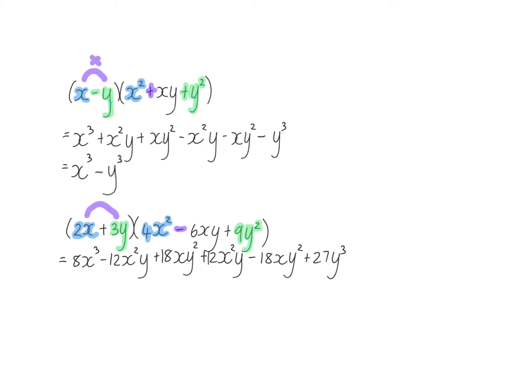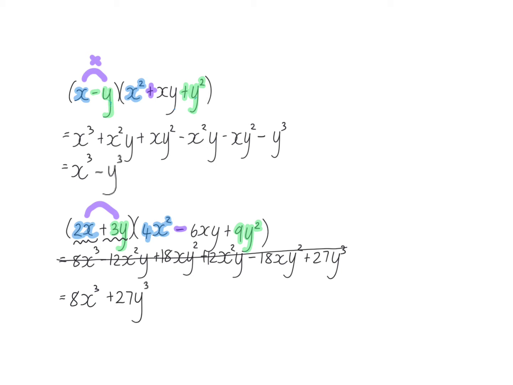This means we can simply leave out that first step and take our first term cubed, which is 8x to the power of 3, and our second term cubed, which is plus 27y to the power of 3.